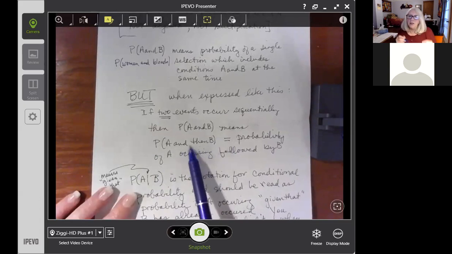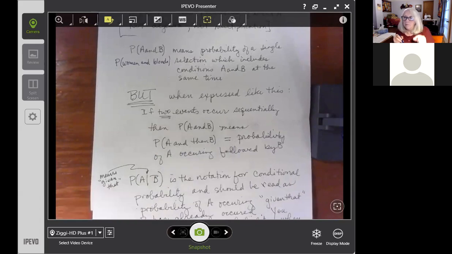But you can tell the difference because it must state that it's multiple events if it's going to be a multiplication rule problem. So on your assignment that's due tomorrow, I'm just going to read one of them off the fourth problem. No, maybe it's the third problem.